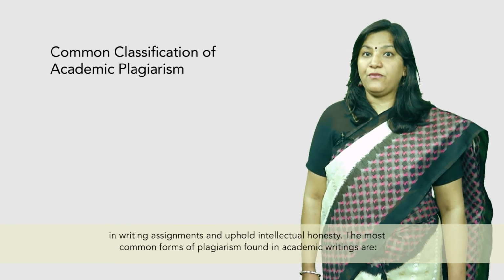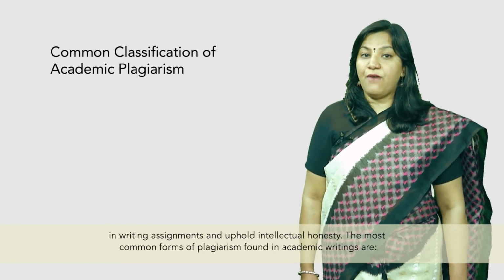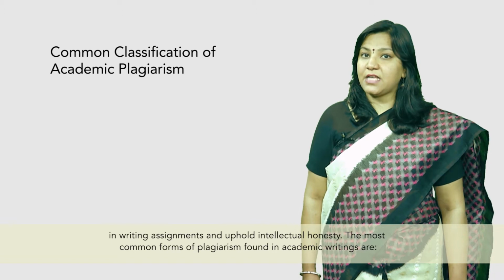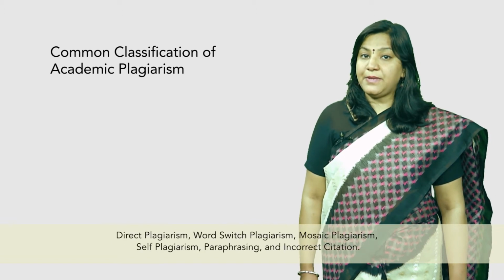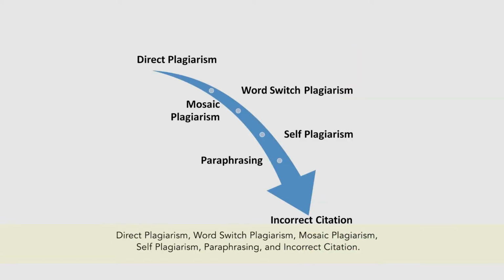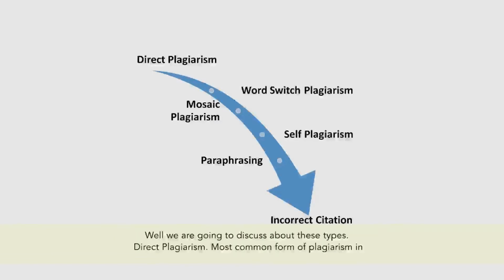The most common forms of plagiarism found in academic writings are direct plagiarism, word switch plagiarism, mosaic plagiarism, self-plagiarism, paraphrasing and incorrect citation. Well, we are going to discuss these types.